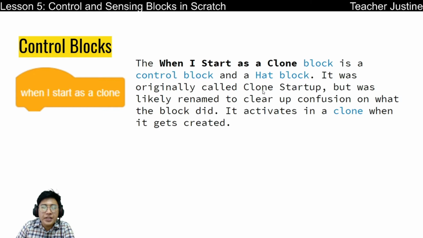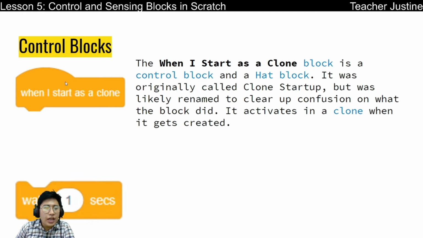It was originally called clone startup, which is the first name of this block, but it was likely renamed to clear up confusion on what the block did. It activates in a clone when it gets created. So if you want your sprite to start as a clone, you can use this block in the control blocks.